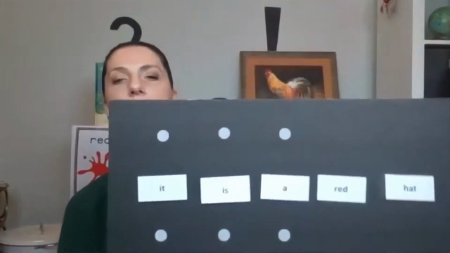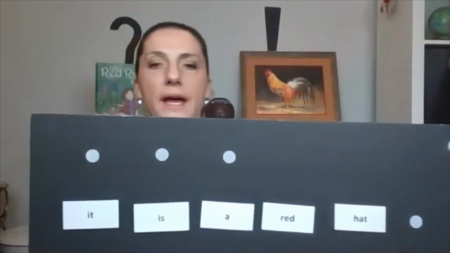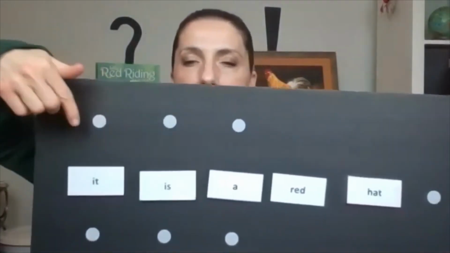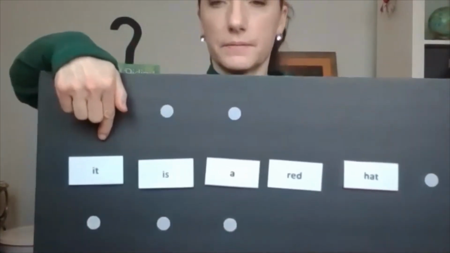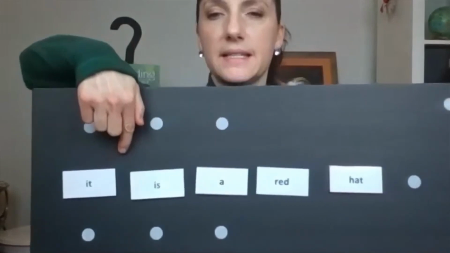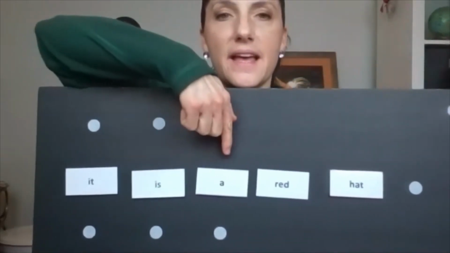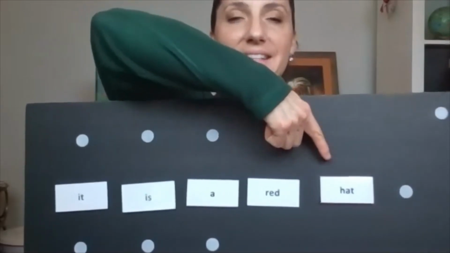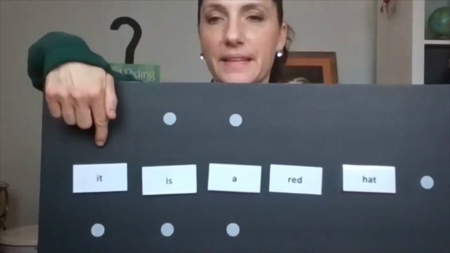So let's do one sentence today using a sight word with the letter R in it. And we may have done this sentence before, but that's okay. So let's take a look. We have, it is a red hat. One more time.